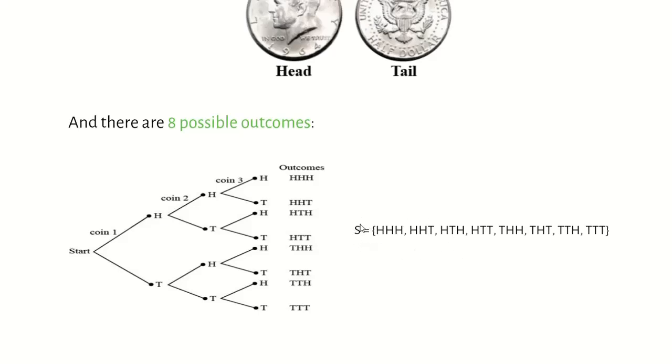Let's call it S. S will be a set whose elements are these 8 outcomes: HHH, HHT, HTH, HTT, THH, THT, TTH, TTT. A set of these 8 outcomes. So the set S is called a sample space.